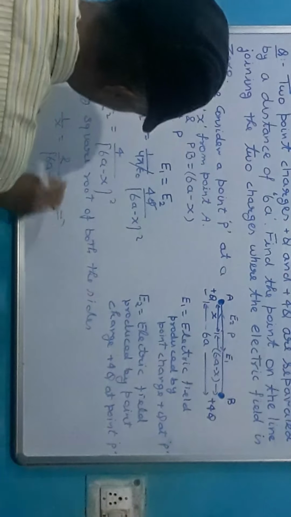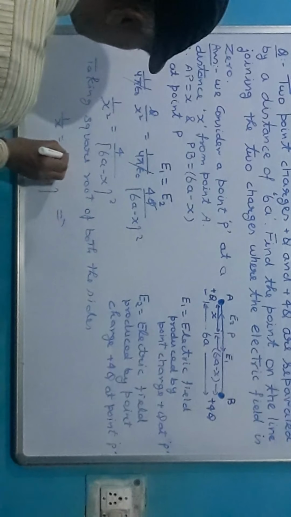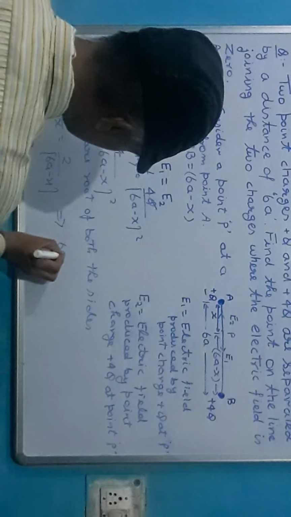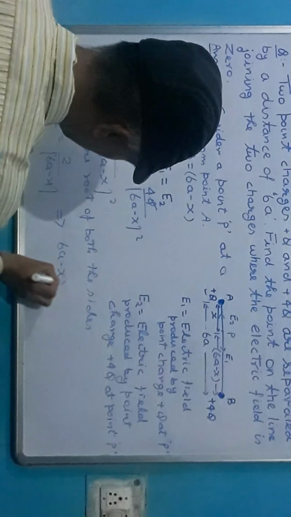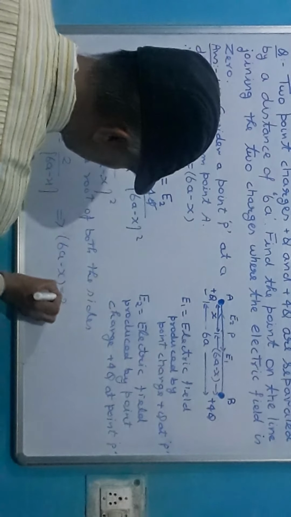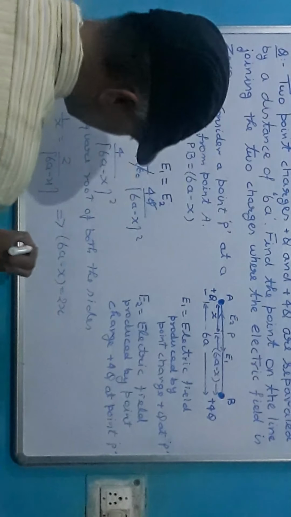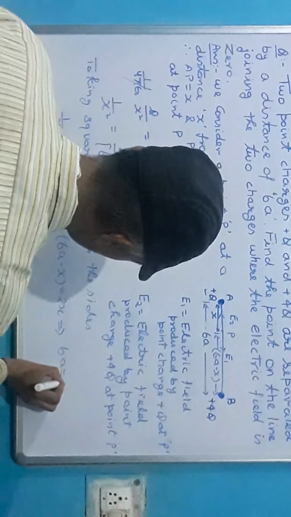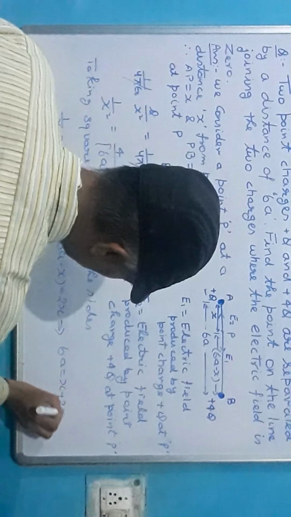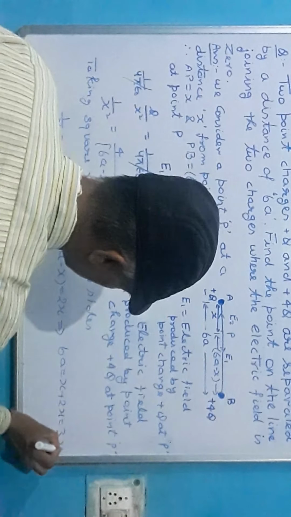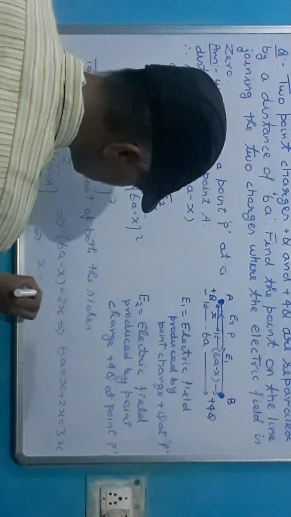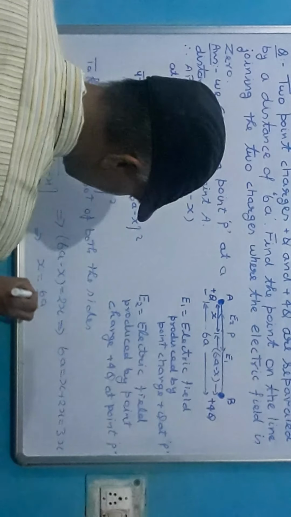When we do the cross multiplication, we get 6a minus x equal to 2x, which implies 6a is equal to x plus 2x, equal to 3x, so x is equal to 6a by 3.